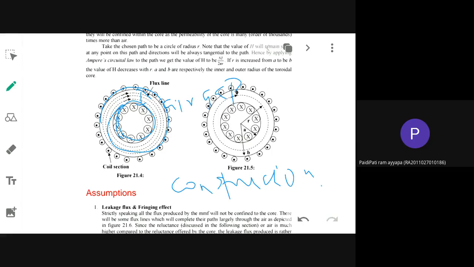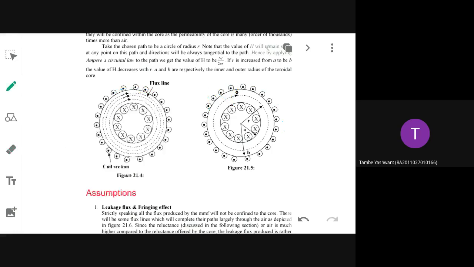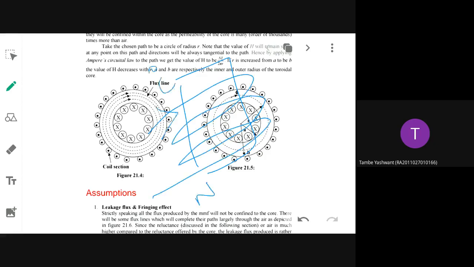The small dots that are seen are nothing but coils. Whenever you have coils with a number of turns wound around a magnetic specimen, and current is passed through it, a magnetic field will be set up. Suppose you have a magnetic material around which you wind some considerable number of coils and pass current through it. A magnetic field will be created.